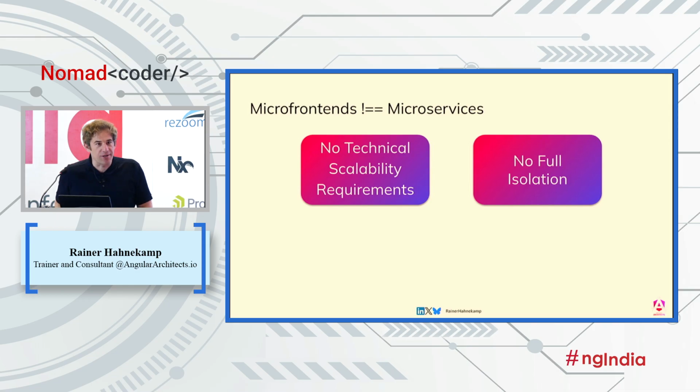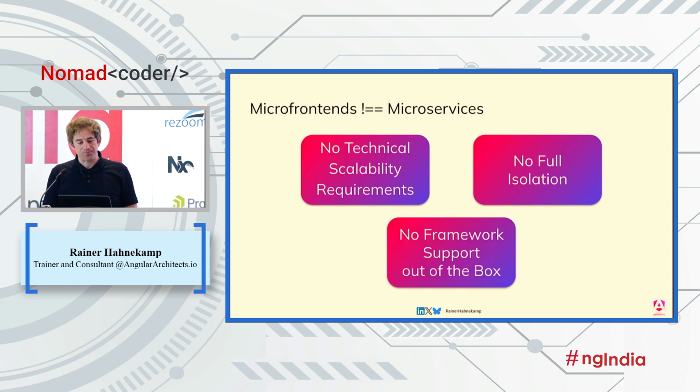We don't have a full isolation. That means there is a global window object, there are other global objects, and all the micro frontends can access and override them. This is risky, especially if the framework that you're using is not prepared to support micro frontends. They are just overwriting certain things and they think they are the only ones and nobody will come after them, which is not the case.